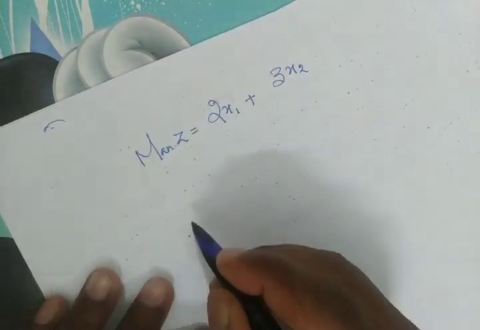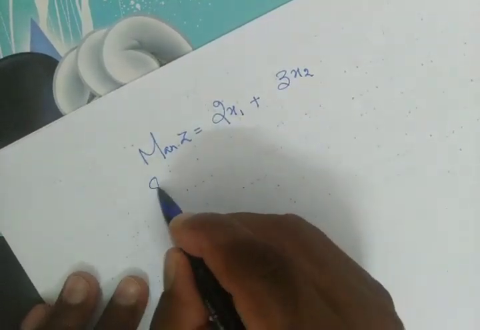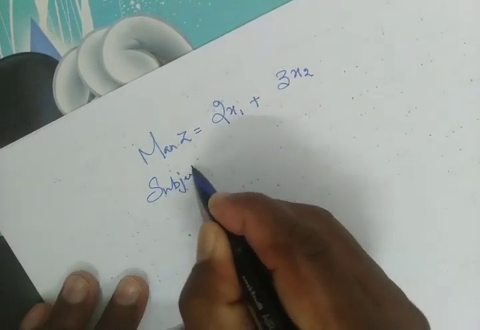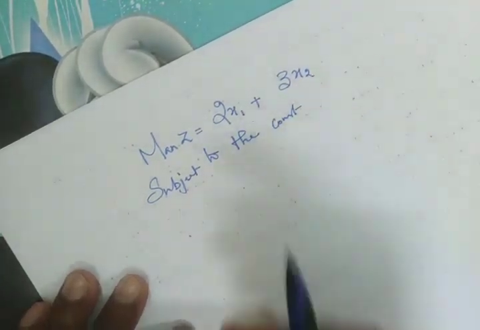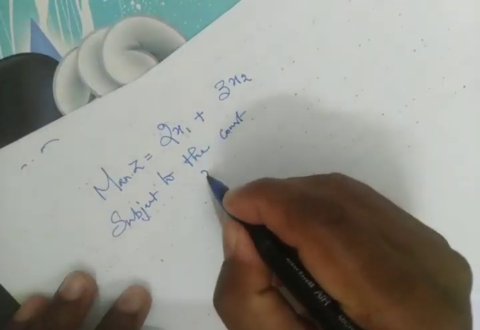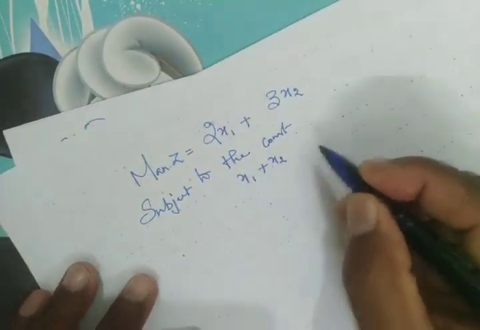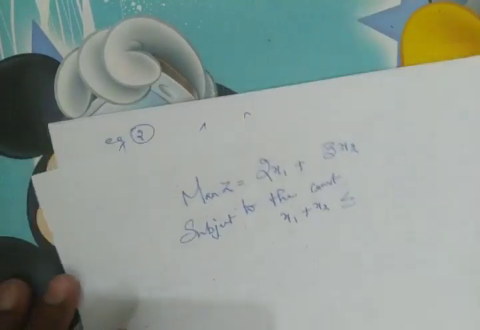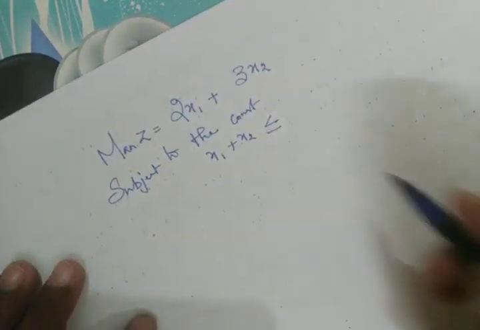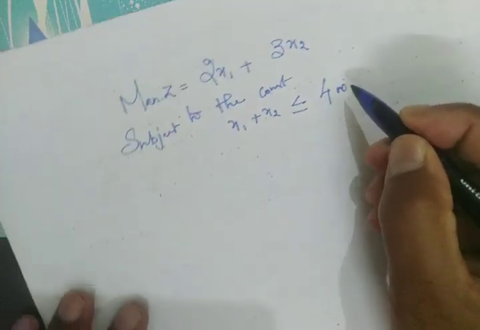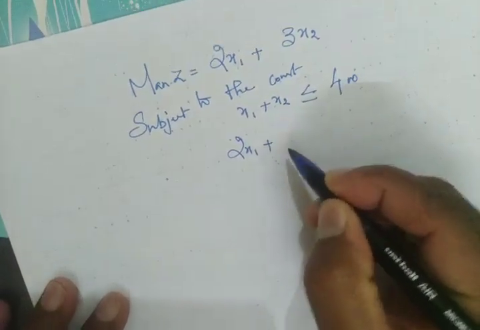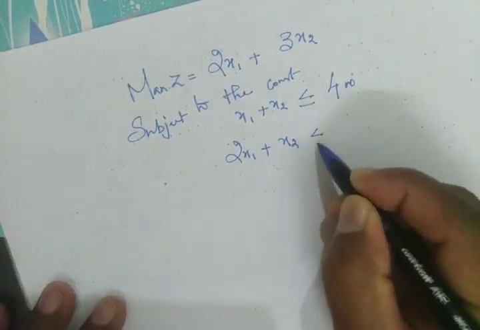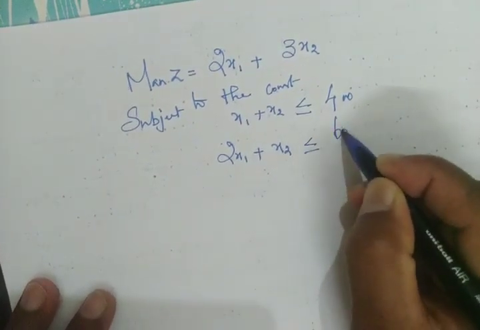Objective function. Already you formed the constraints. Subject to the constraints, x1 plus x2 less than or equal to 400, and the second constraint is 2x1 plus x2 less than or equal to 600.